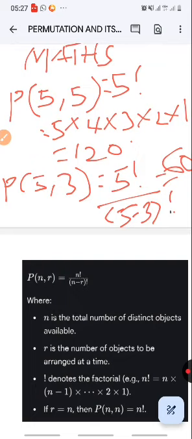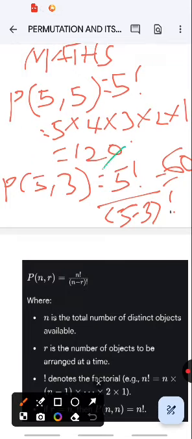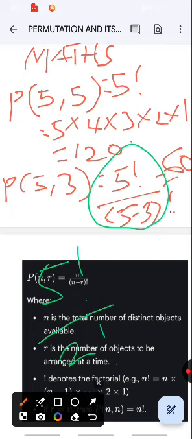Then the next thing you do is to find the factorial of the total number, all over. Now here we selected 3 out of the 5. So remaining 2, then you divide it by 2 factorial. So this is the same as 5 factorial over 2 factorial.